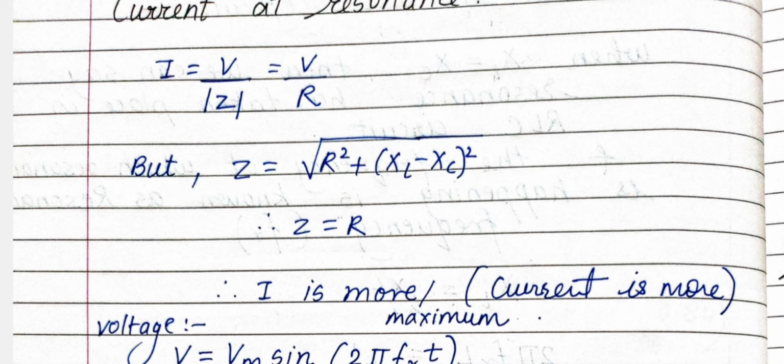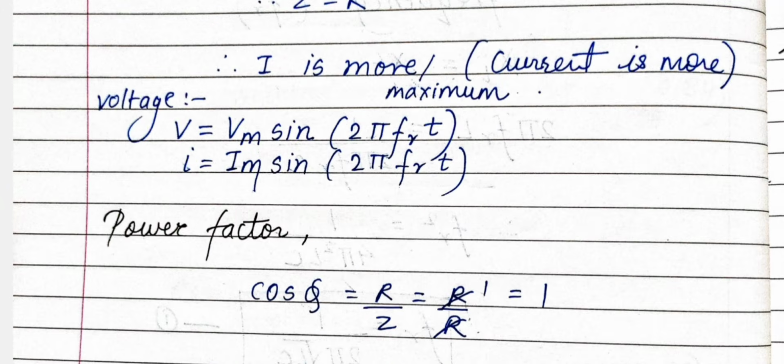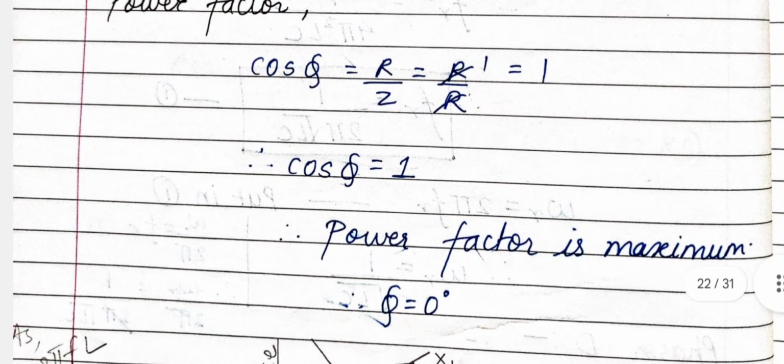So remember, in a resonance circuit current is maximum. The other thing, the voltage and current equations are there, and the last one which we have to remember is power factor cos phi, that is R by Z. Remember R by Z is the formula for cos phi, but Z is equal to R, so R and R will give 1. So here cos phi is equal to 1. Now I have told you the range of cos phi. It is minus 1 to 1.